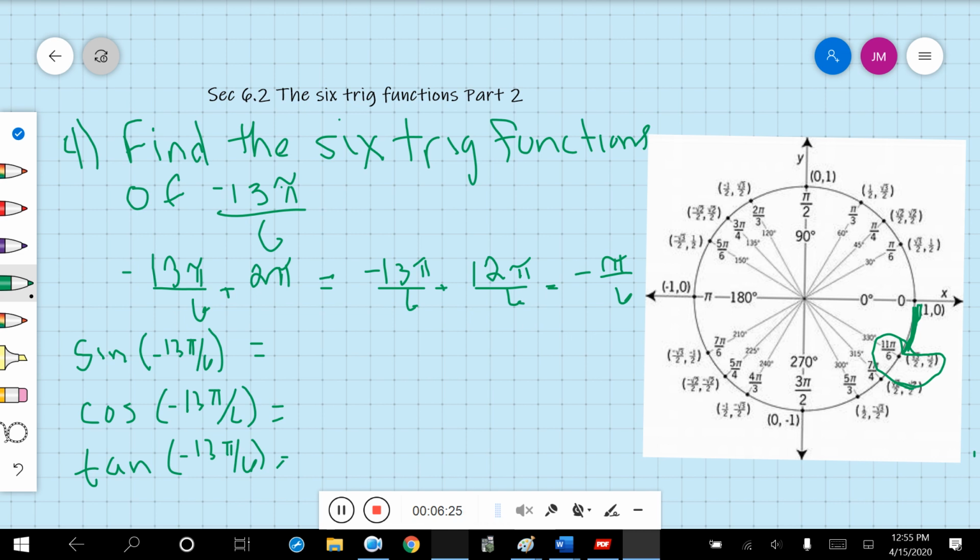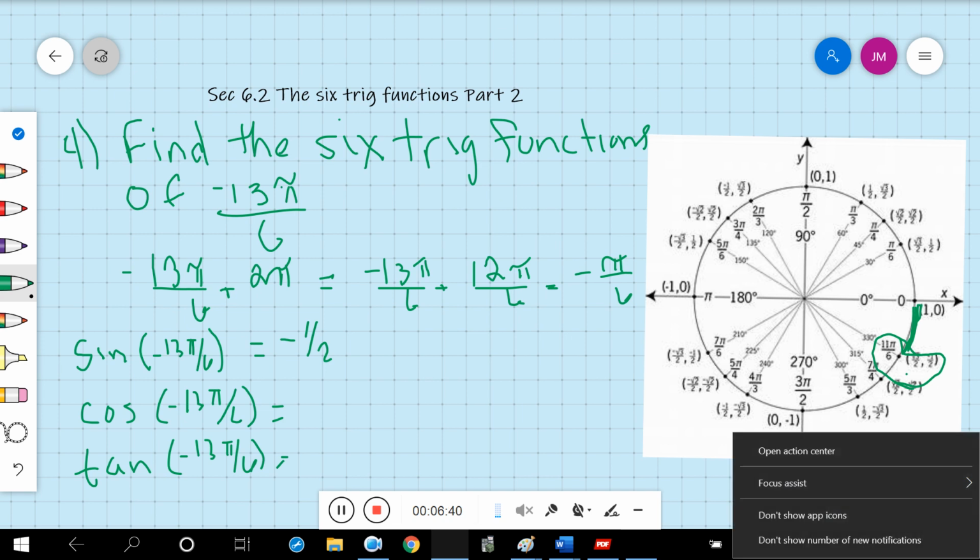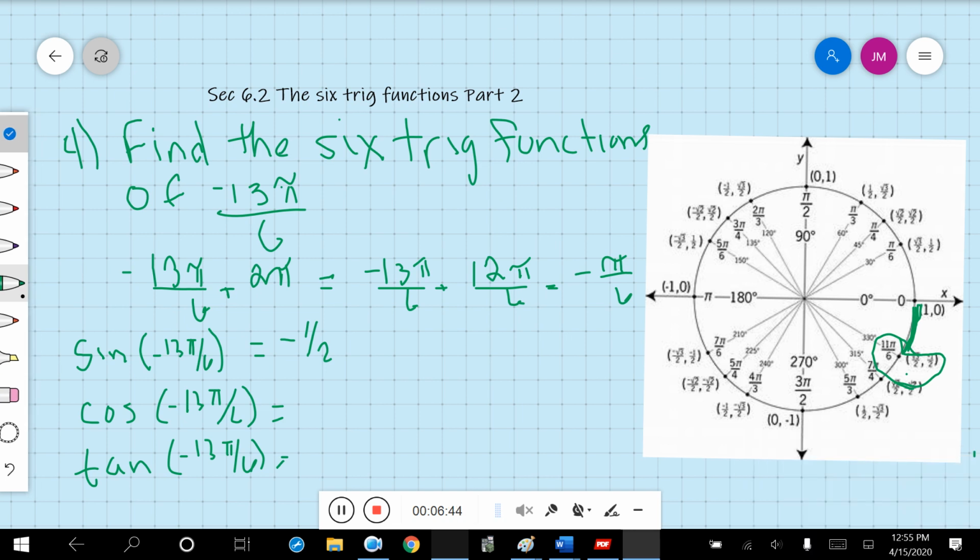So the sine of negative 13 pi over 6 would be the same as the sine of 11 pi over 6, which is negative 1/2. The cosine of negative 13 pi over 6 would be the same as the cosine of 11 pi over 6, which is root 3 over 2.